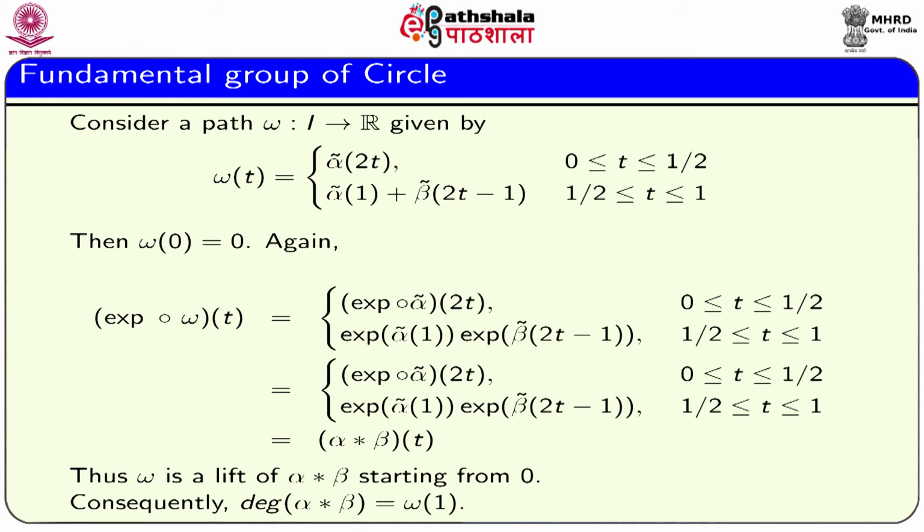So, finally we have the expression for alpha star beta on the right side. Thus, omega is a lift of alpha star beta starting from the point 0. Consequently, degree of alpha star beta is omega of 1.